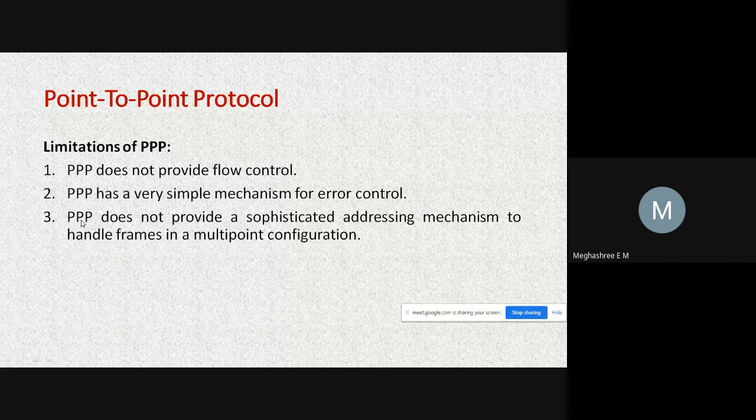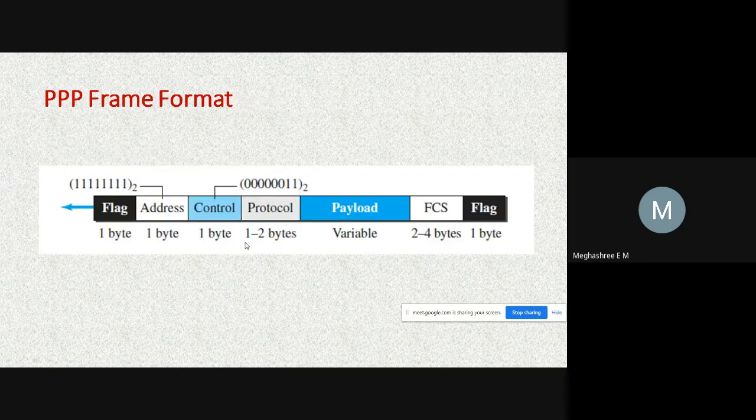Okay, and the next one, PPP doesn't provide a sophisticated addressing mechanism to handle frames in a multi-point configuration. See here in this frame format, you can see the address field is reserved with 1 byte. Actually, the data link layer deals with the MAC address, that is the permanent address of a device, which will be 6 bytes. But here the field reserved is only 1 byte.